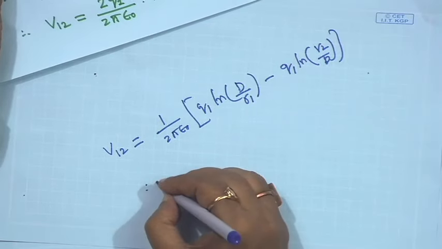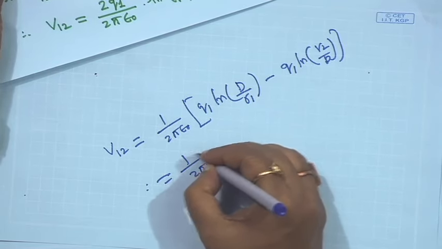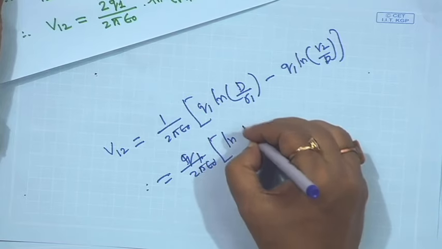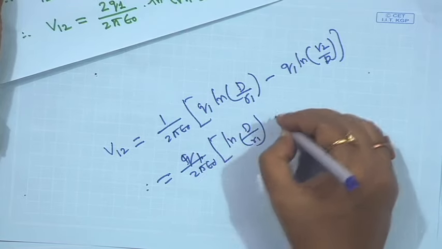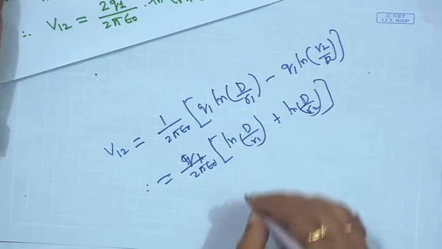Therefore, this is equal to 1 upon 2 pi epsilon 0, you take q1 common, and this one is ln d upon r1 plus ln d upon r2.